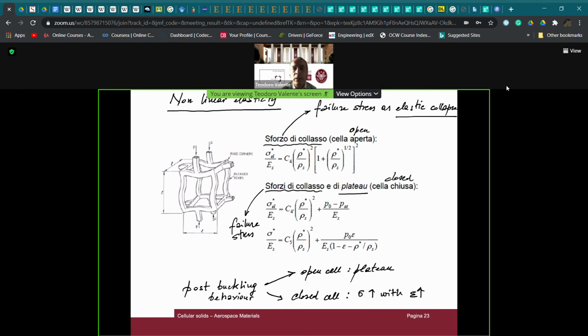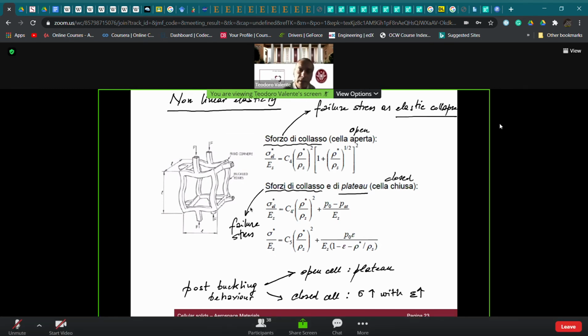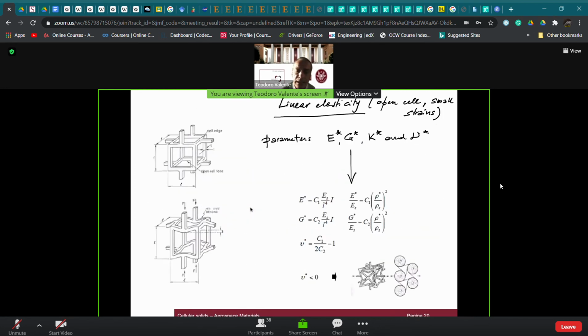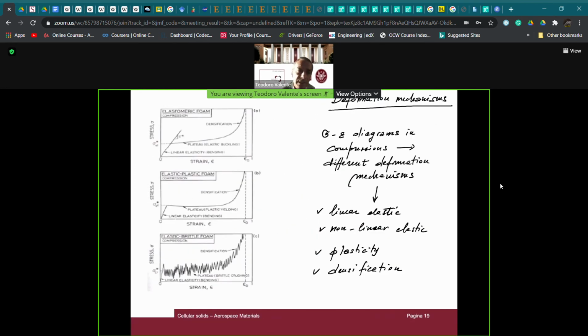Then this says to us also another thing, that we have here an initial point for the open cells in which buckling is going to occur.